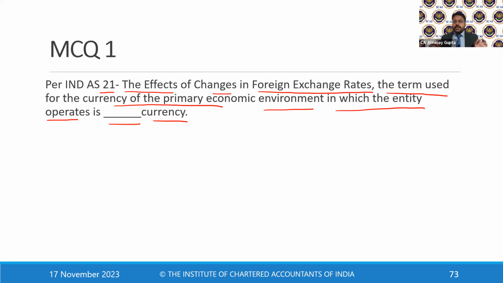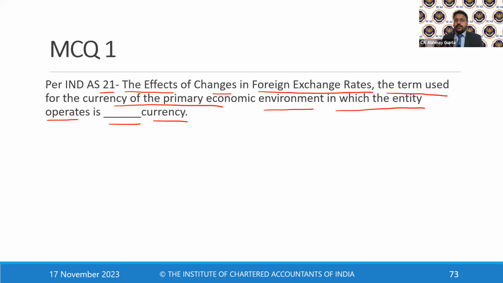So once the functional currency is determined, all other currencies will by default be foreign currency. And presentation currency is the currency in which financial statements are prepared and presented. It can be the functional currency or it can be other than functional currency, right?